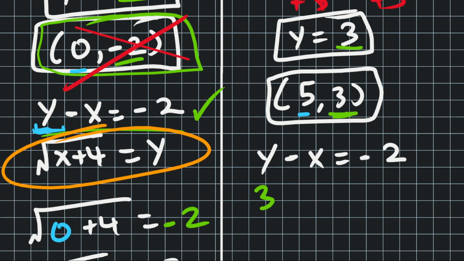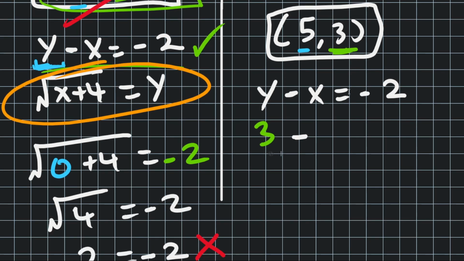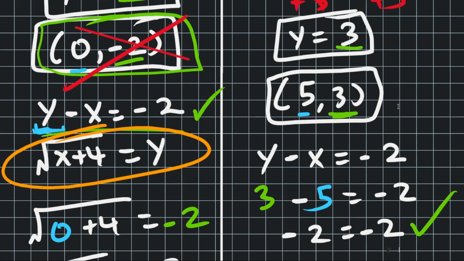So 3 minus, and then our x is 5, equals negative 2. 3 minus 5 is negative 2. Negative 2 equals negative 2, which is true. So we will give that a check mark. So it passes the first equation.